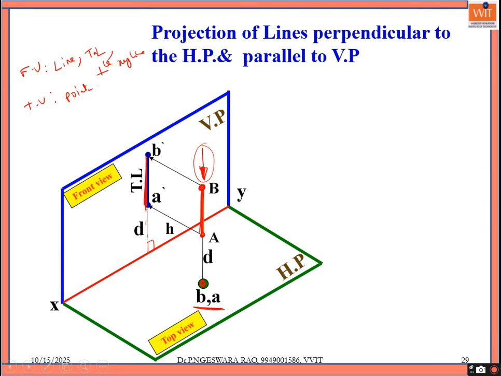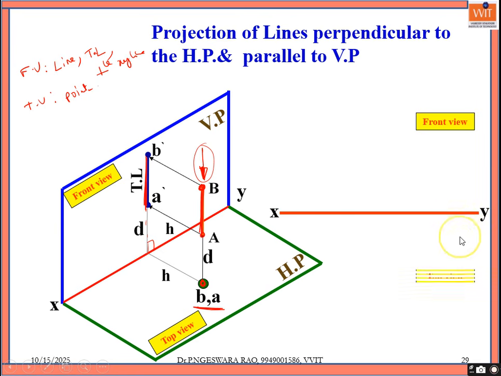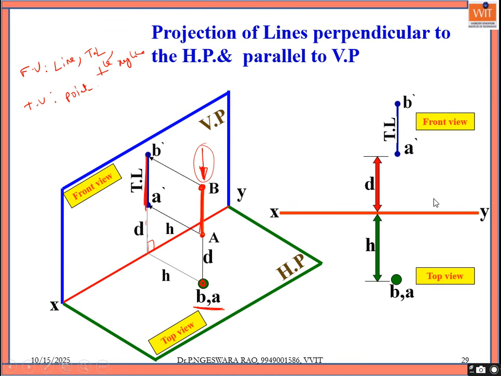Now in the same way as the previous case, draw the solution. First locate one end of the line. The front view is a line perpendicular to the XY line, whereas the top view is a point. Like this, you can locate and draw the projectors here. This is the front view, this is the top view.